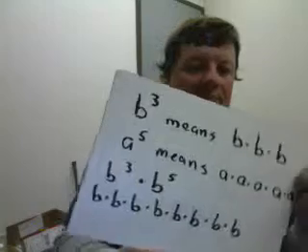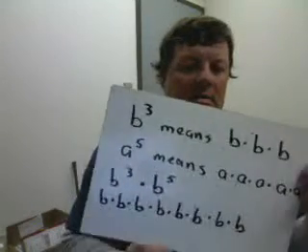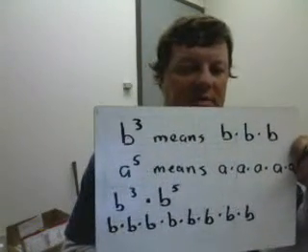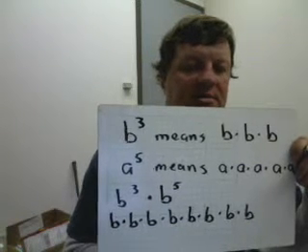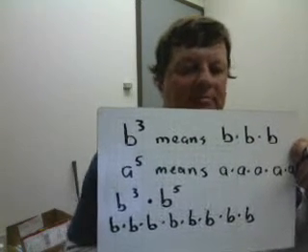And the idea is this, just in case you're not too sure what I expect. This is the idea. b to the third power times b to the fifth power means you have 3 b's being multiplied to 5 b's. So that's what I mean to write it out.